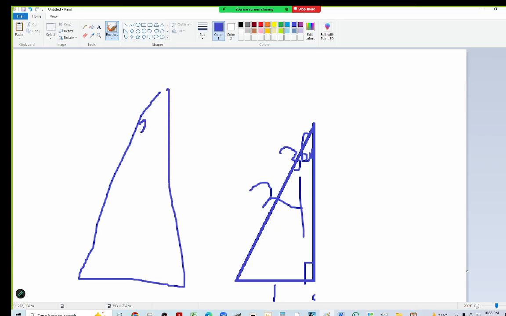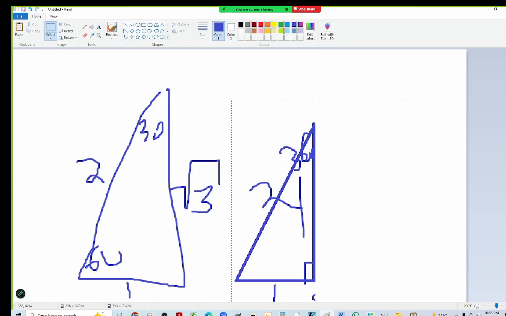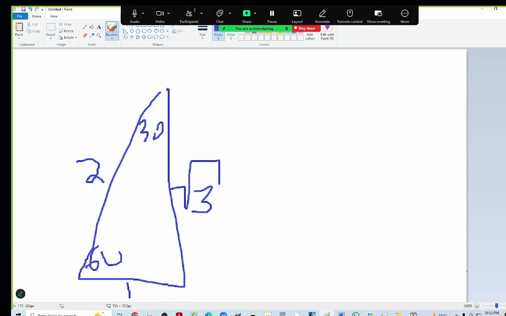30-60 triangle. 30's up here. 60's down here. And the side here's 2. The side here's 1. And with some figuring out, we figured out that it'll be square root of 3. So now I can figure out the sine and cosine for my 60.